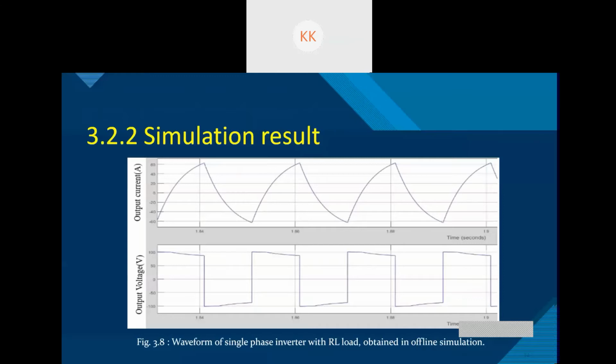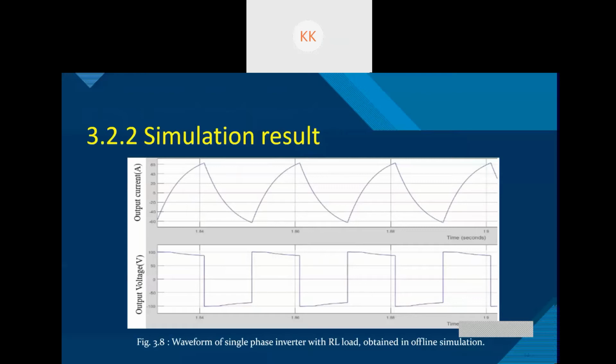In that part of the graph, the current is negative and the voltage is positive. When the current is negative and the voltage is positive, diodes D1 and D2 are activated, and the current is supplied by the load.